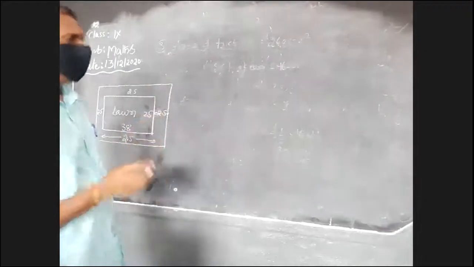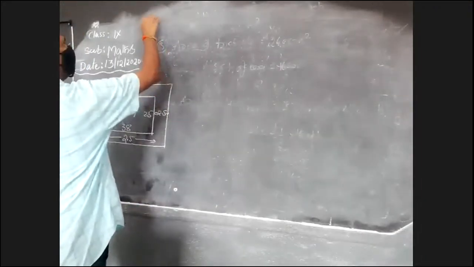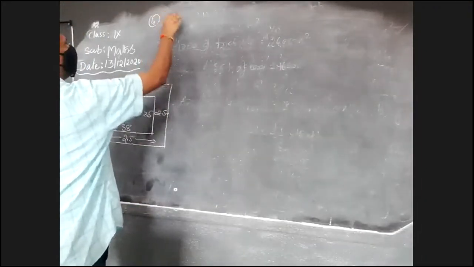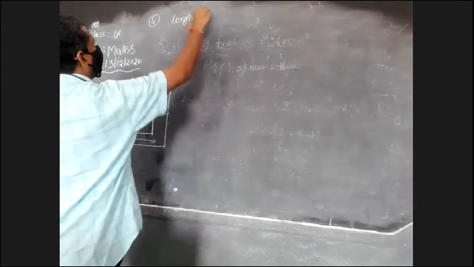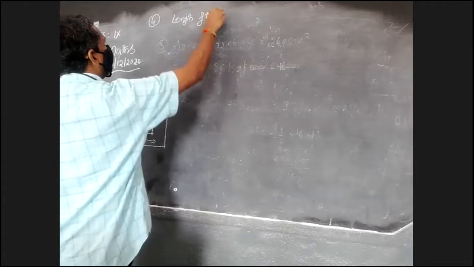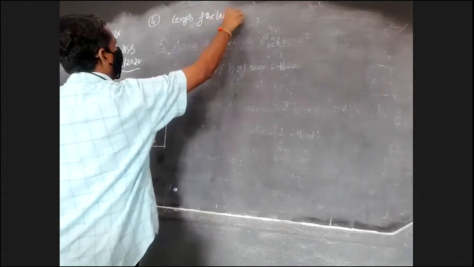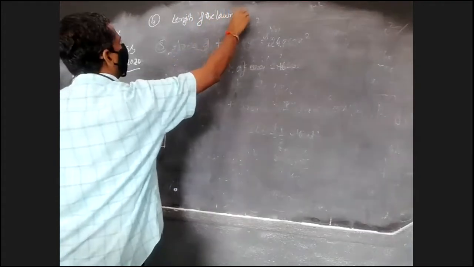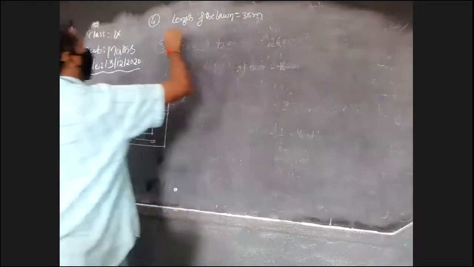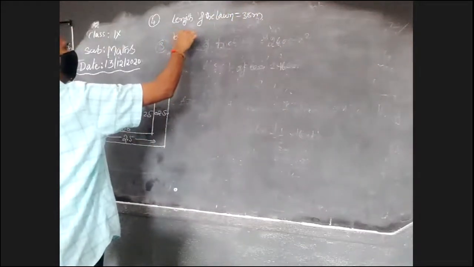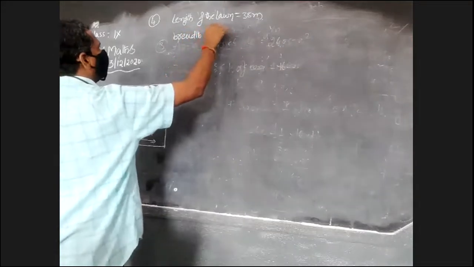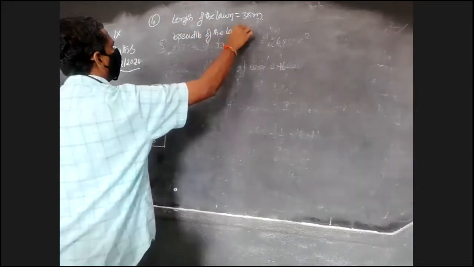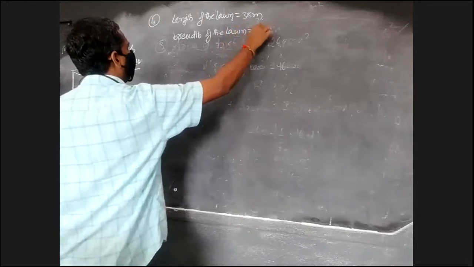So first, length of the lawn equals 38 meters and breadth of the lawn equals 25 meters.